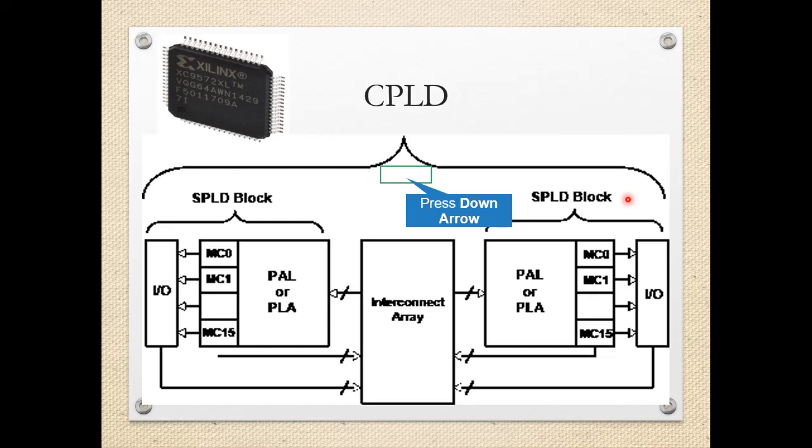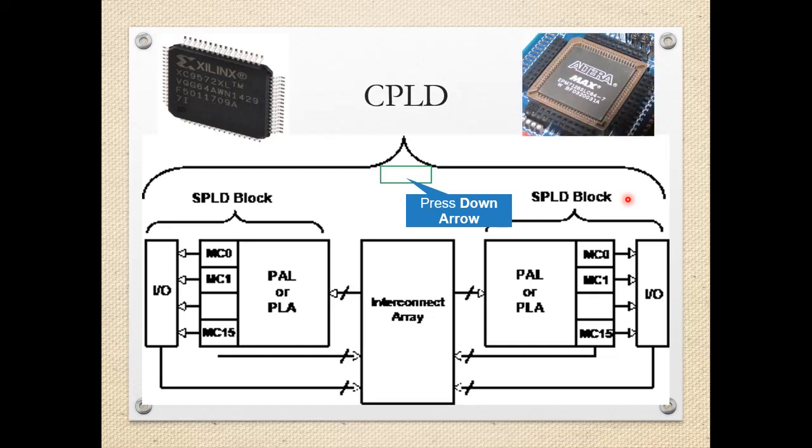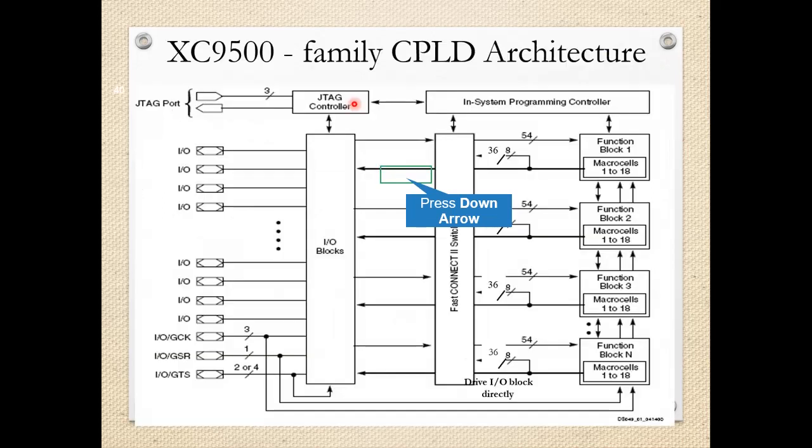This is the Xilinx IC, that is XC9572. These ICs are programmable devices in which we can dump any digital design. This is one more manufacturer's chip, that is Altera Max. And this is the architecture of the XC9500 family. XC stands for Xilinx, and 9500 is the family.